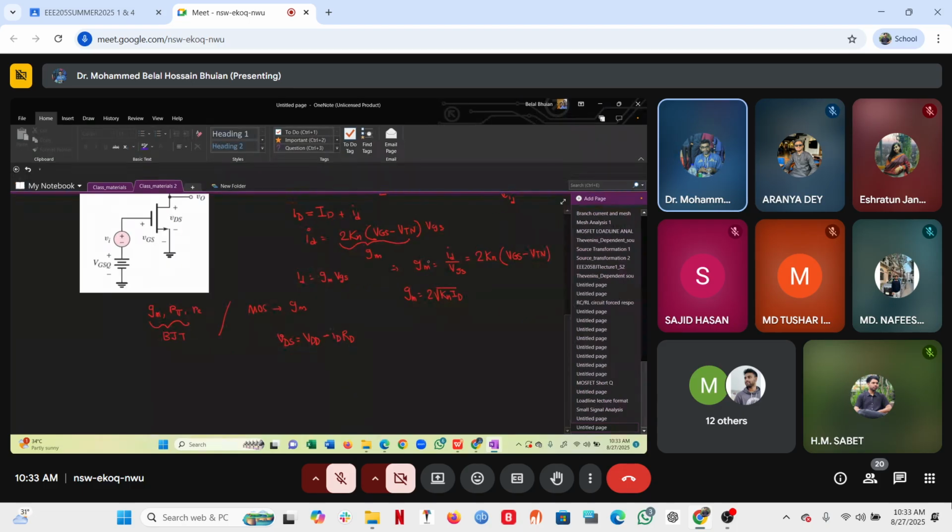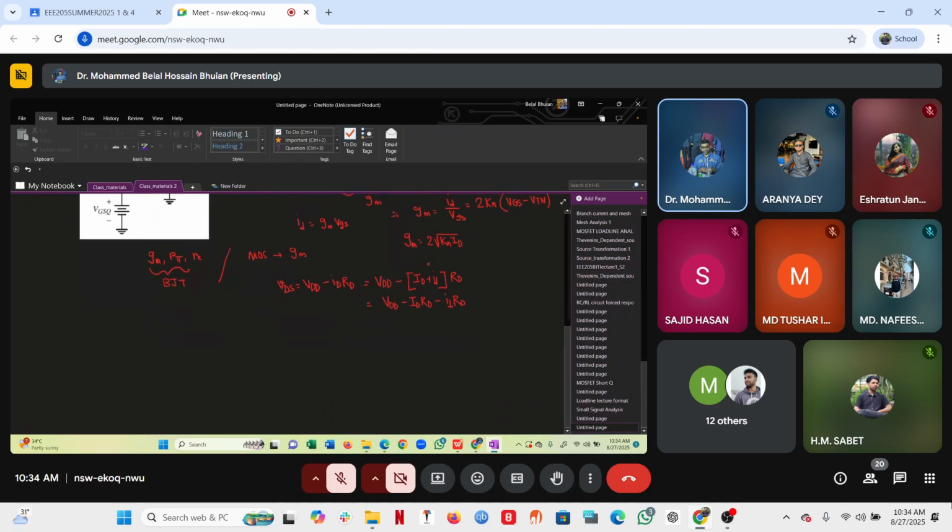And then we know that instantaneous ID has two components, ID plus small signal ID. So VDD minus ID times RD, you might find, is in fact the DC VDS. And minus small signal ID times RD is our small signal VDS.